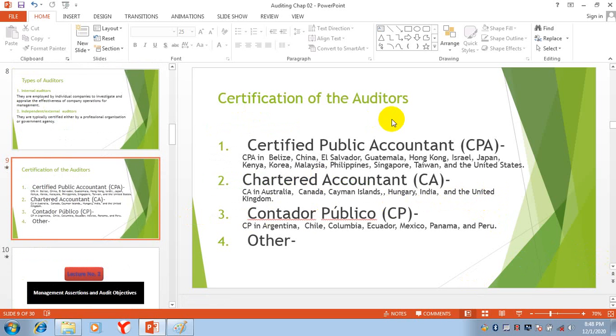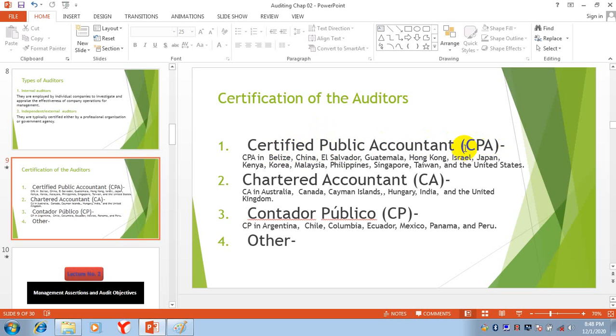Certification of the auditors. There are different certifications all over the world. One is Certified Public Accountant, CPA.